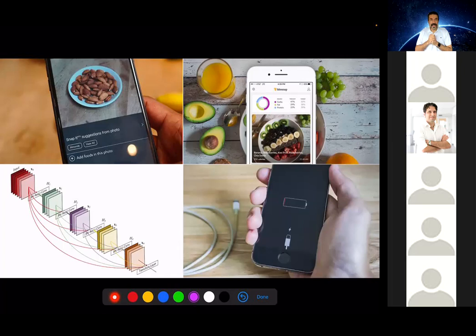Obviously, it would be fantastic to get accurate prediction of what the camera sees surrounding us. We don't want to be inaccurate. We don't want to get fat as a result of bad prediction of the amount of calories in the food. But on the other hand, we wouldn't be so happy if we ran out of battery quite soon just because we are using these fantastic machine learning systems.